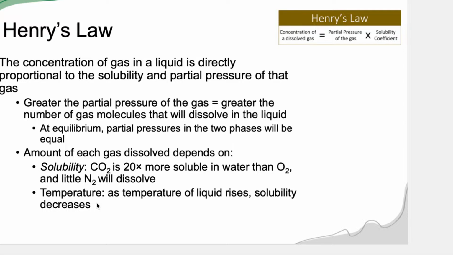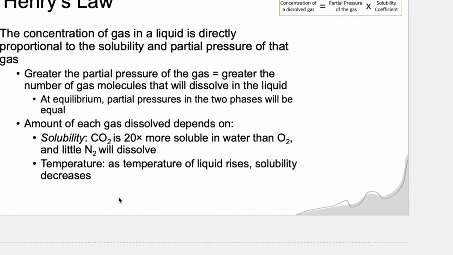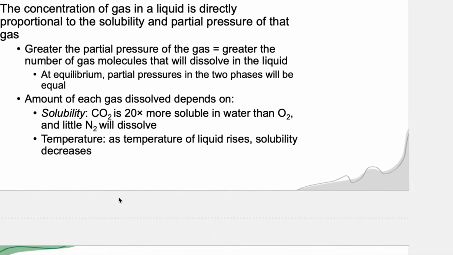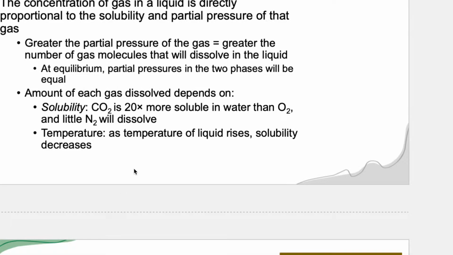At equilibrium, partial pressures in the two phases will be equal. The amount of each gas dissolved depends on solubility. So CO2 is 20 times more soluble than oxygen in water. As the temperature of a liquid rises, solubility decreases. That's pretty interesting. I'd figure that it would increase.